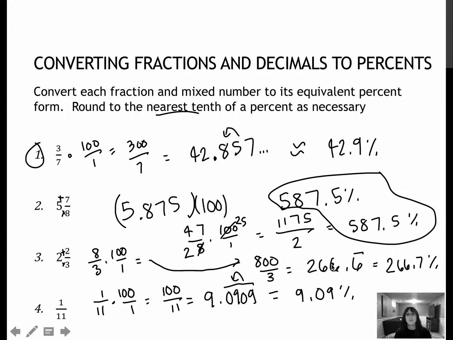Not a bad idea when you finish to make sure that your answer makes sense. So looking at 1/11, this is obviously a small number, less than 1. So 9.09% does make sense. If I would have ended up with 90.1% or 90.9% over here, that wouldn't make sense because 1/11 is a very small number.